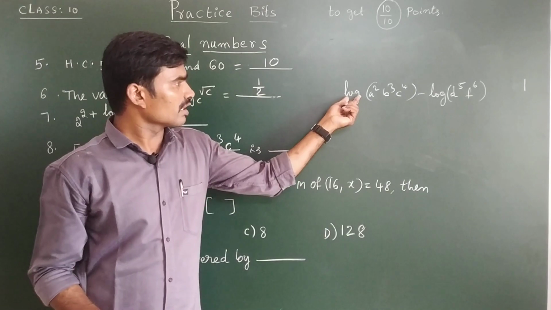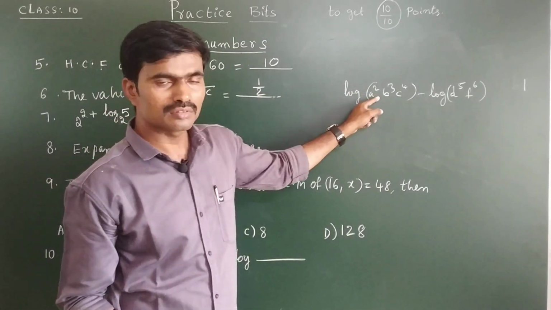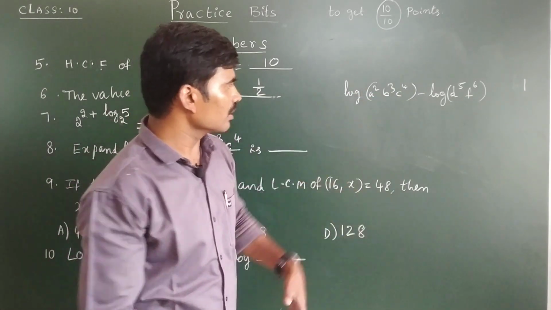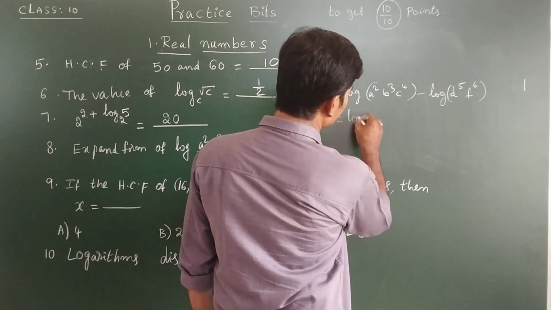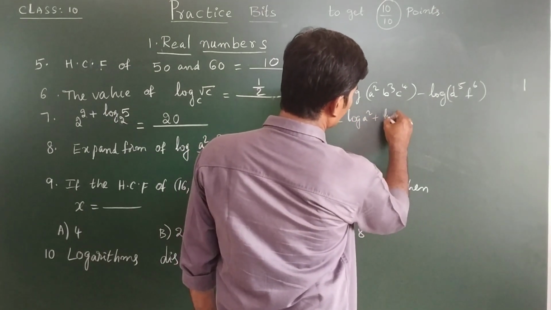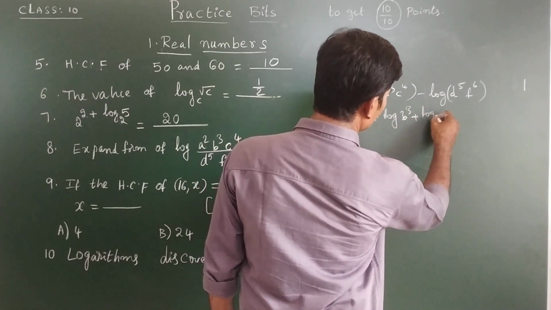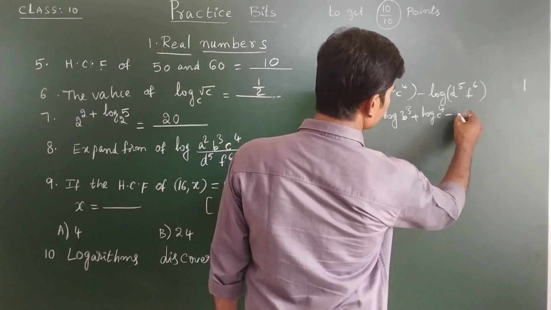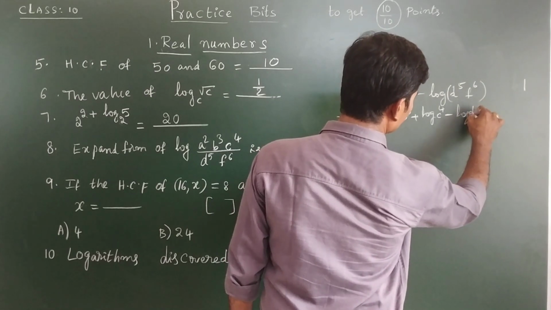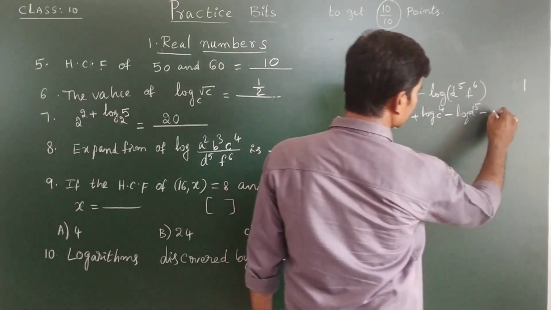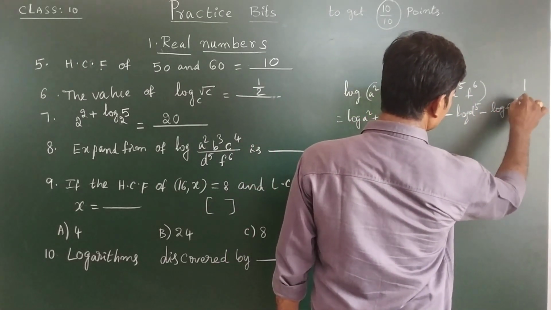Again, it is in the form of log ab. Log ab means log a plus log b. So it will be log a square plus log b cube plus log c power 4 minus log d power 5 minus log f power 6.